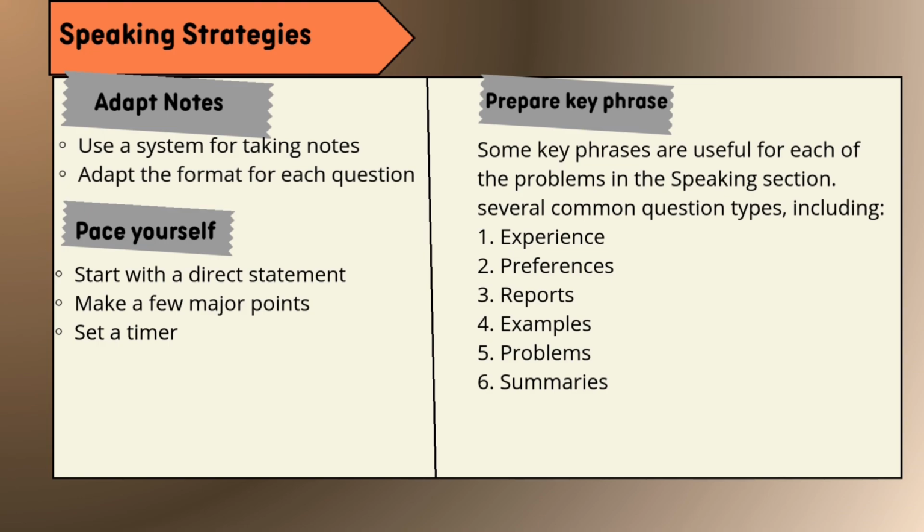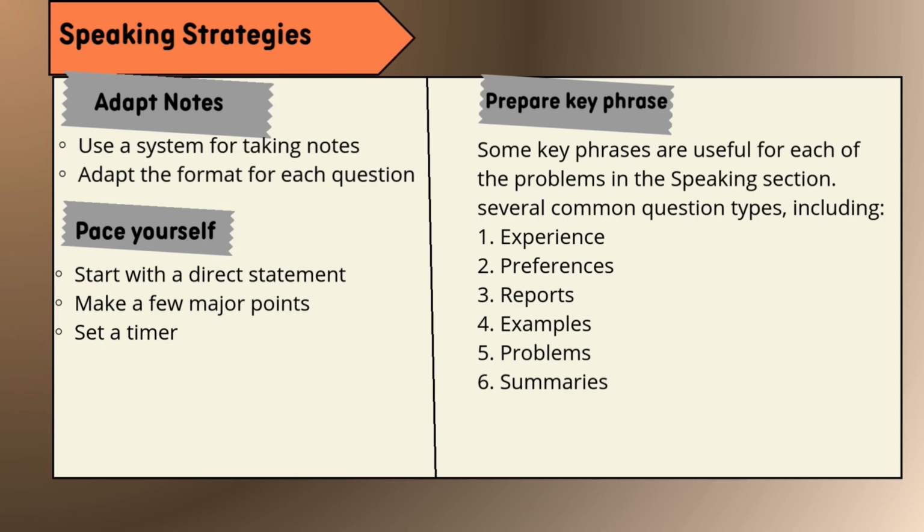Several common question types, including number 1, experience. It is how to express personal experience or favorites. And number 2, preference. How to state preference and provide reasons. Number 3, reports. How to express support or opposition to an opinion. Number 4, examples.